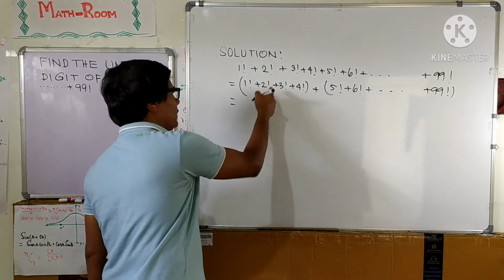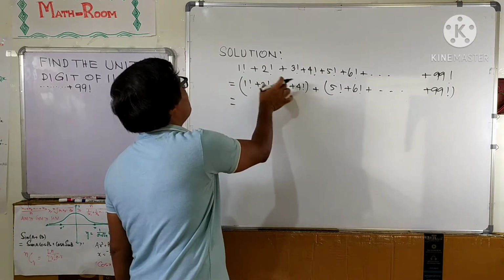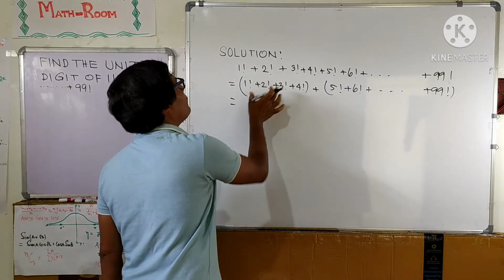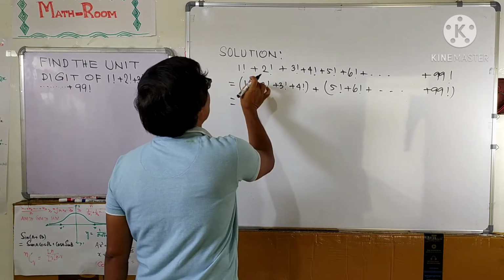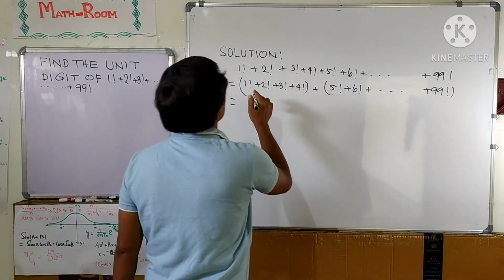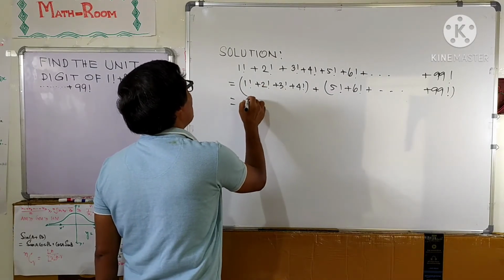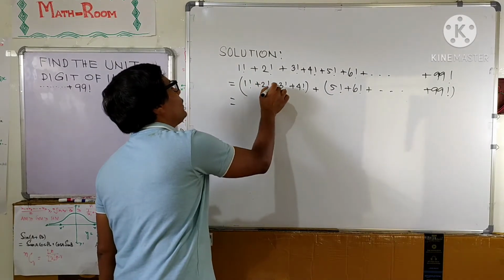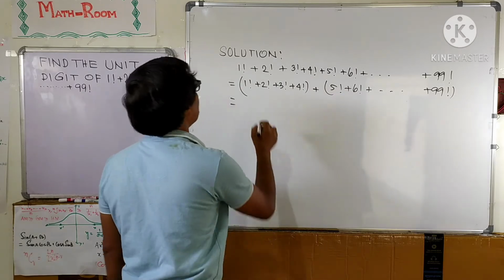You can easily see that the sum of the first part is 1 plus 2 plus 6 plus 24, that is 33.